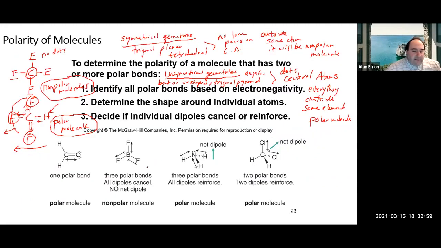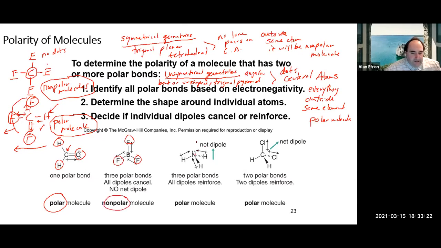So let's take a look and see if we could apply that to what we see on the bottom here. Forget all the arrows and stuff. We look at the central atom, no dots, but everything on the outside is different, polar. Just like this example. We look at the central atom, no dots, everything on the outside is the same, like here, non-polar.